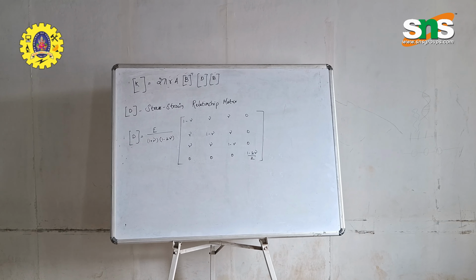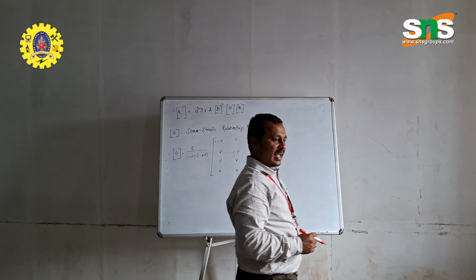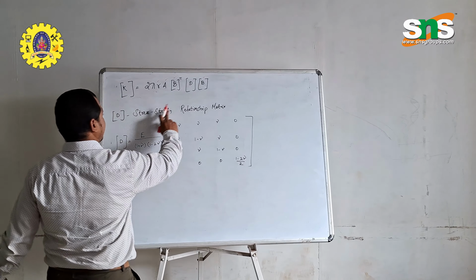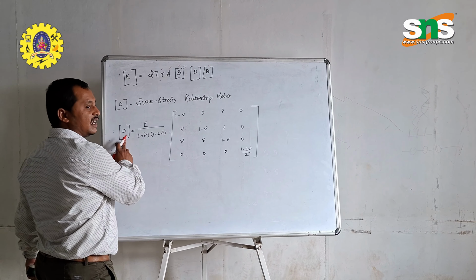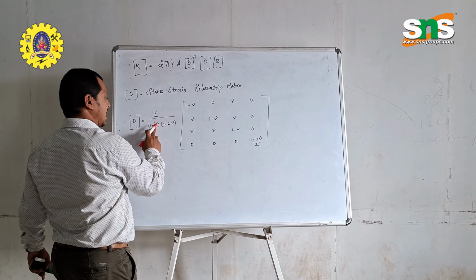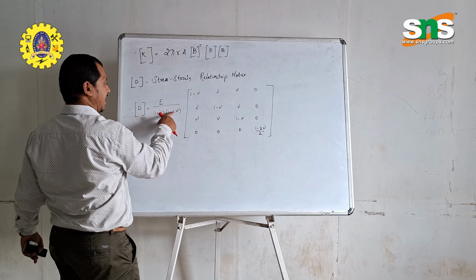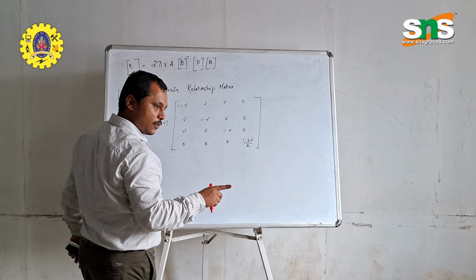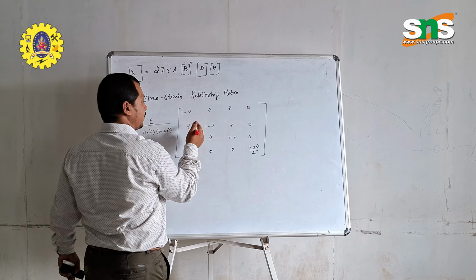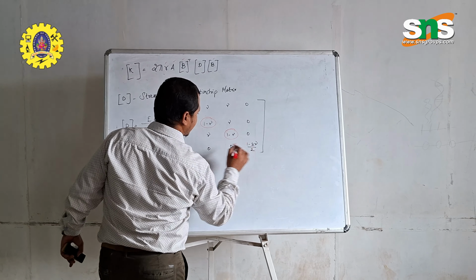So this is the formula for the stress-strain relationship matrix of the axisymmetric element, called the D matrix. D is equal to E divided by (1 plus sigma)(1 minus 2 sigma), where E is the Young's modulus and sigma is the Poisson's ratio, into the matrix of 1 minus Poisson's ratio. The diagonal values will be 1 minus the Poisson's ratio.